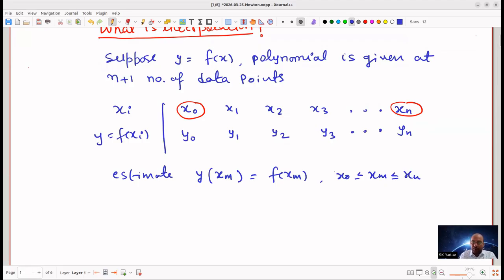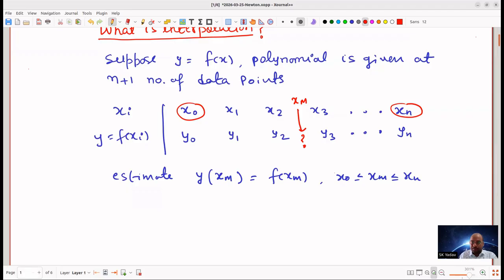That means we are finding certain function values at xm, and we need the functional value at this particular point. So this is actually the problem of interpolation.